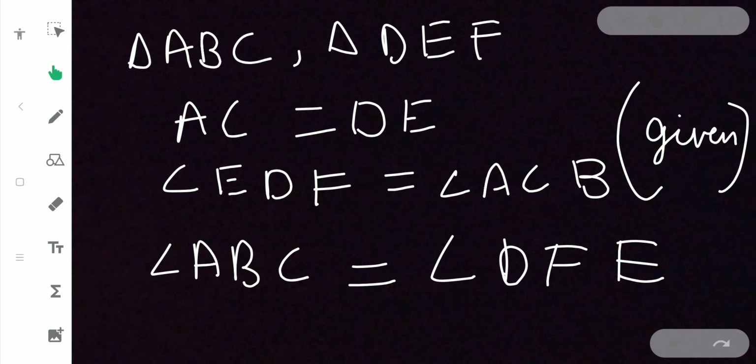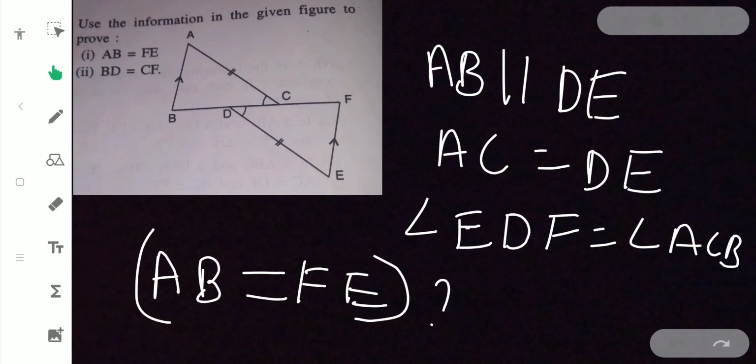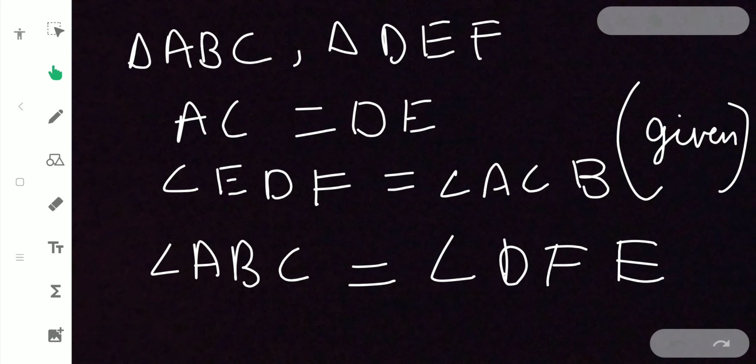We have proved the congruency. Angle, angle, side we are having. So let us see what is that criterion. I am writing it here so that you will be able to understand. Angle, angle, side. It is by criterion of AAS.